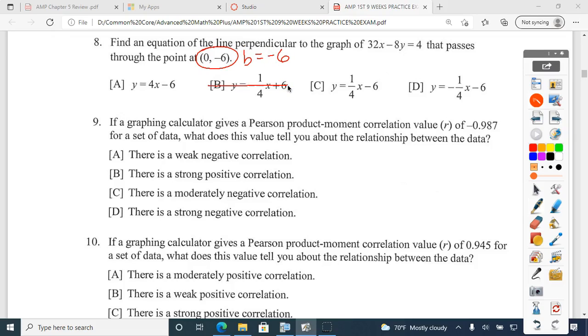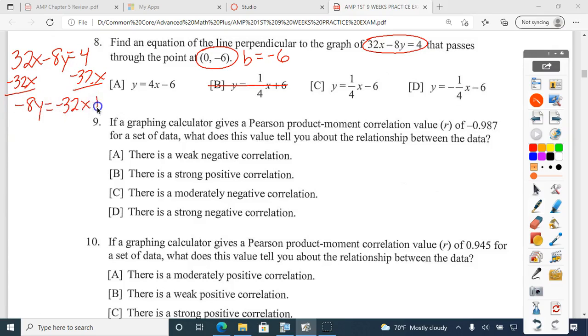To get the slope, I need to solve this equation for y. So 32x minus 8y equals 4. If I subtract 32x over, I get negative 8y equals negative 32x plus 4. And then we divide by negative 8.